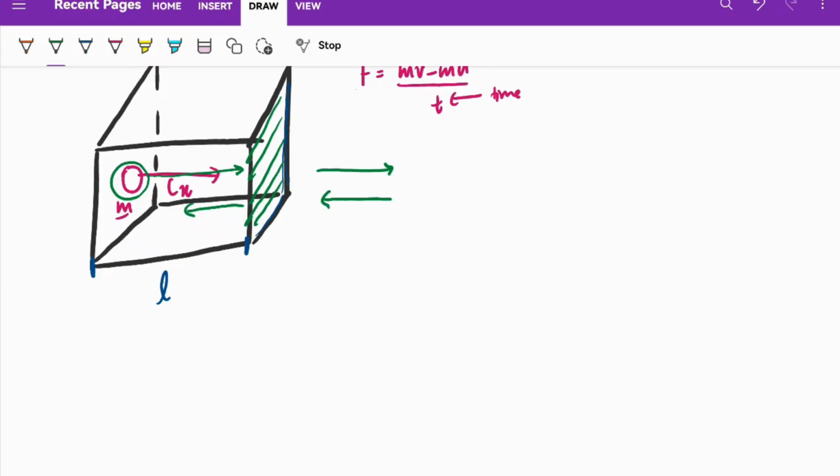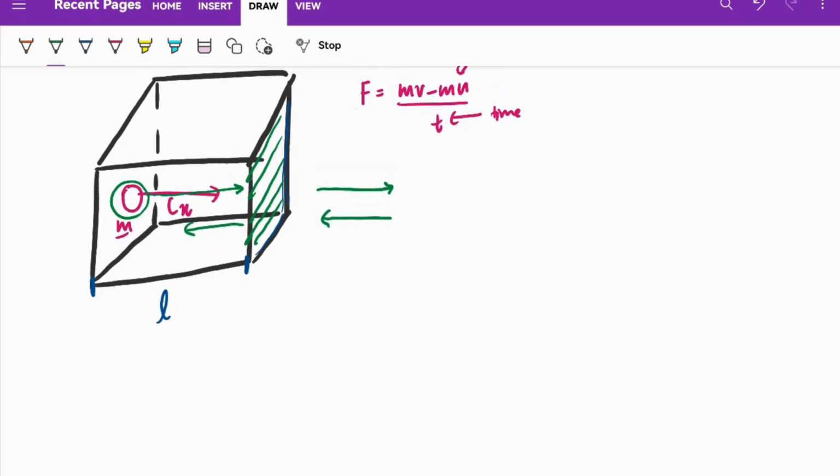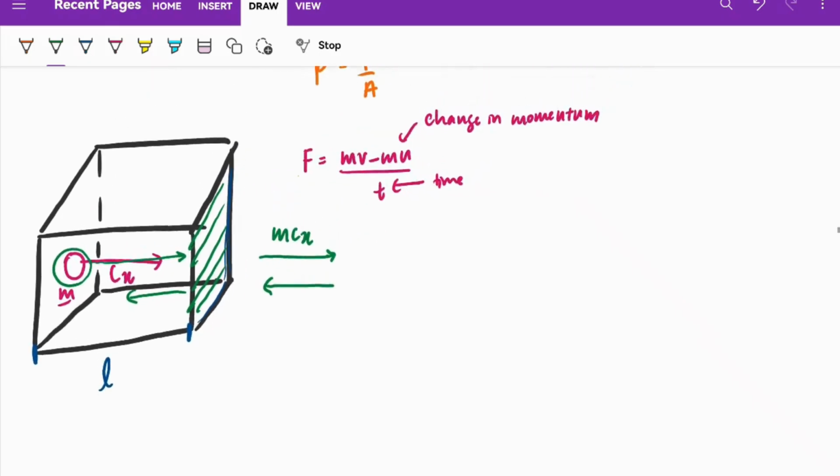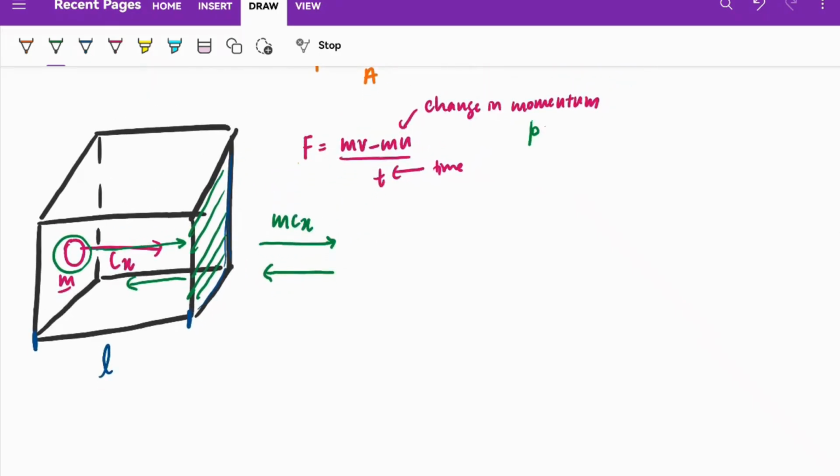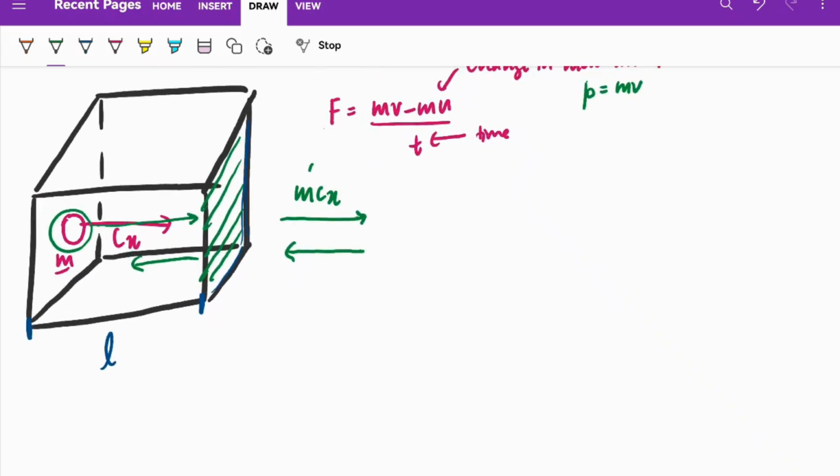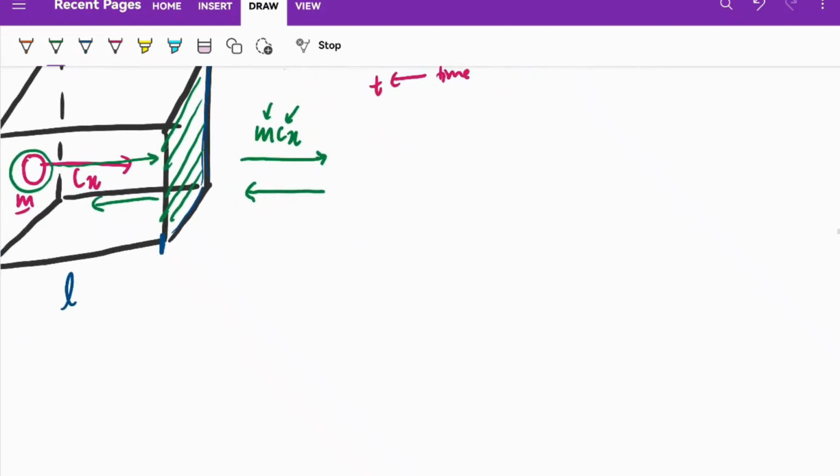In this direction, it's going to be mcx, c subscript x. Now why is it mcx? Because we know momentum equals mass times velocity. So we have our mass here, and we have our velocity here. Now, the moment it collides with the face of the wall, it's going to reverse its direction, right? You're going to have negative mcx. Why negative?